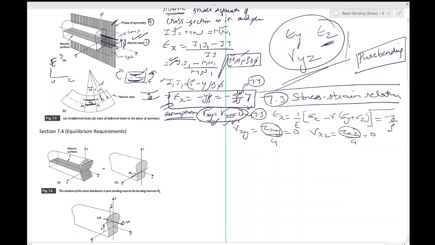Okay, so the next part is about the equilibrium requirements, and remember we had argued at the start of this chapter, this is section 7.1, that our aim in this chapter is to determine the distribution of stresses which have the shear force V and bending moment MB as their resultant.